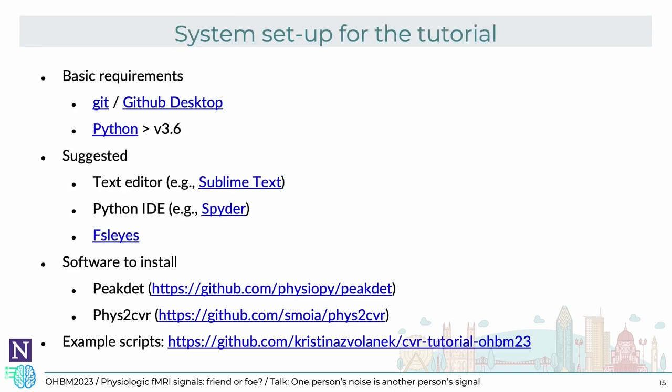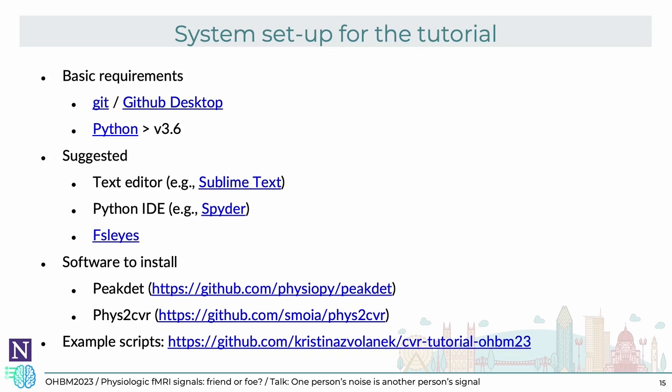I will demonstrate how to install them in the next steps. And lastly, there are example scripts for how to use these software programs on my GitHub profile at the link shown here. And now let's get that software installed and start mapping CVR. The first thing we will do is install the 2 necessary software packages.